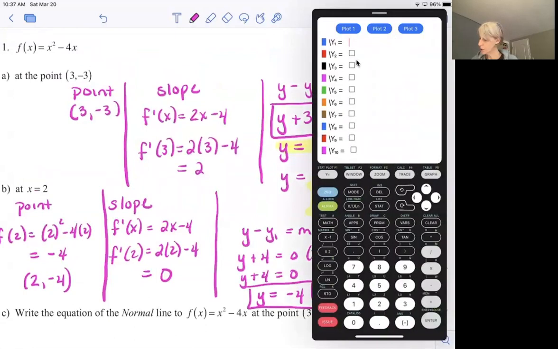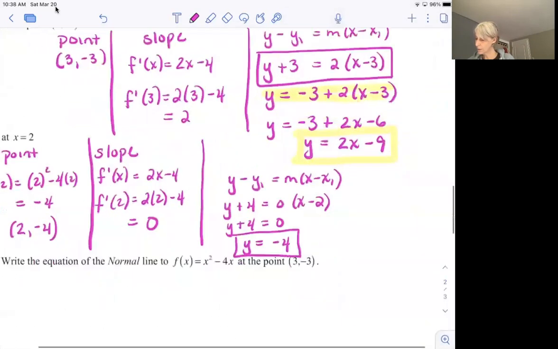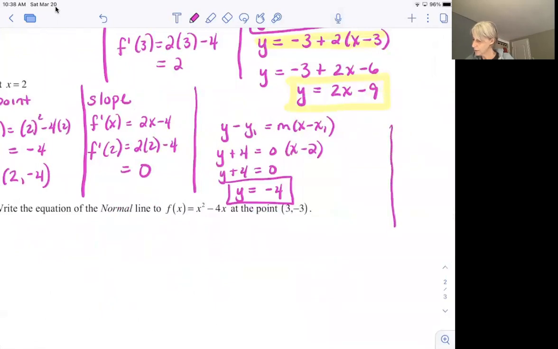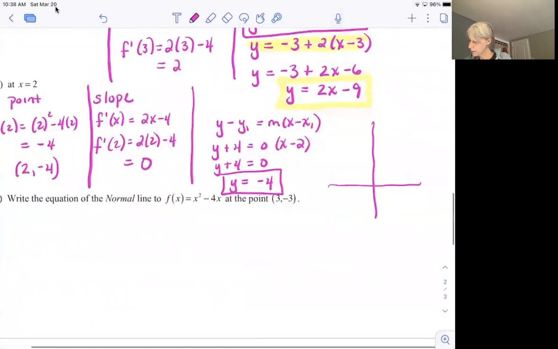Let's plug in our original function for a moment. If we look at this picture and I look at that graph here, what does this mean to me? There's my parabola. I'm just going to quickly move it over here. So I have my original parabola.